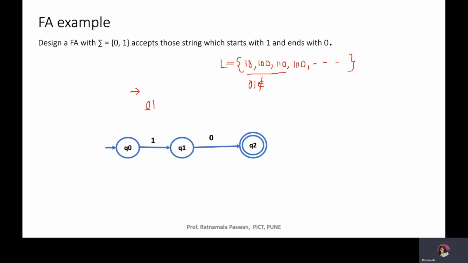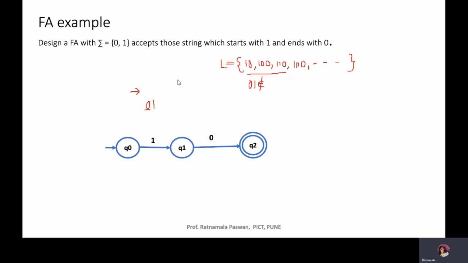It means that it is rejected by the finite automata. Here we have not shown it explicitly; it is implied that if no such transition is present, the string is rejected. So this string will not be accepted.